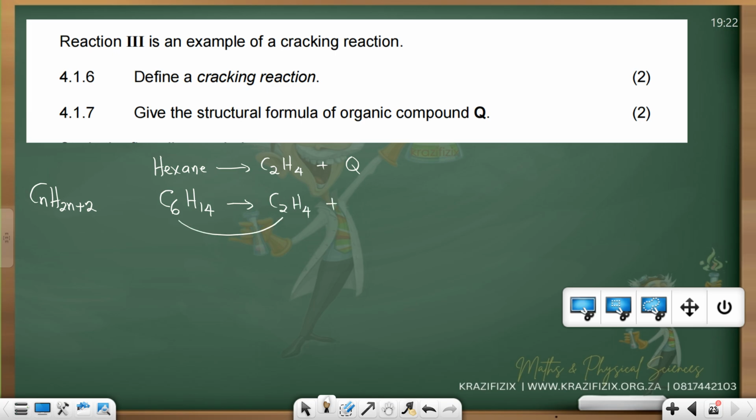We just do the maths. 6 minus 2 is 4. And 14 minus 4 is 10. Do you notice that this is an alkane? And this is an alkene. Case closed. We are done. Are we okay? Are we good, guys? Make sense? Let's try that other reaction quickly.